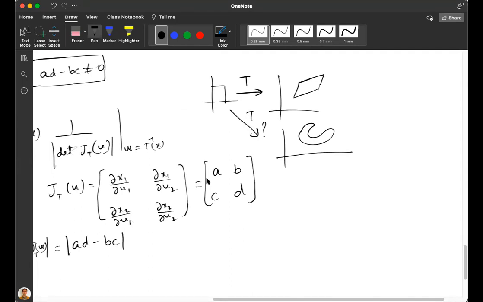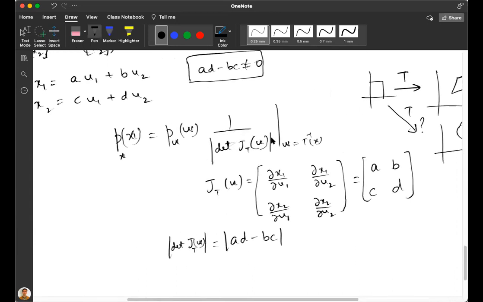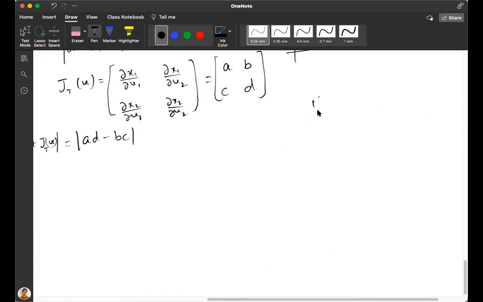It should be differentiable. And also there is this term: as the size of U and the size of X increases, this determinant becomes increasingly complicated to compute. So number one, my T should be invertible and differentiable.